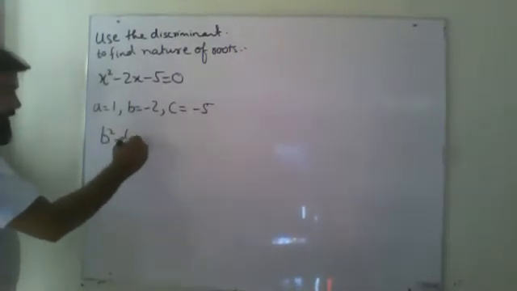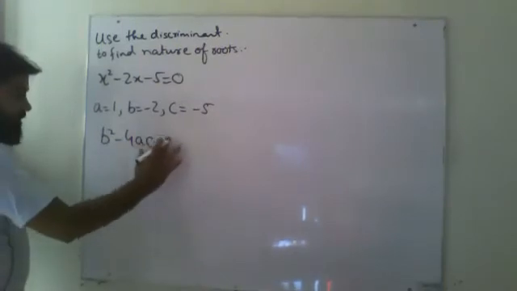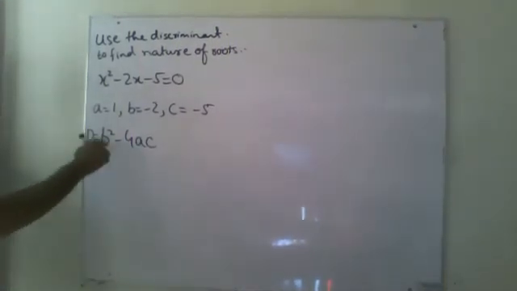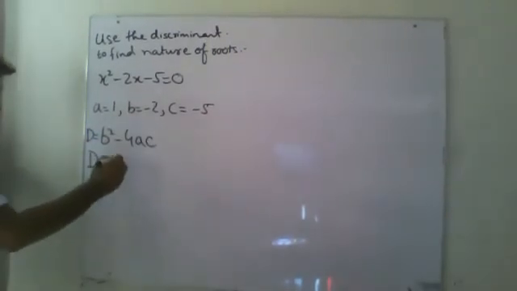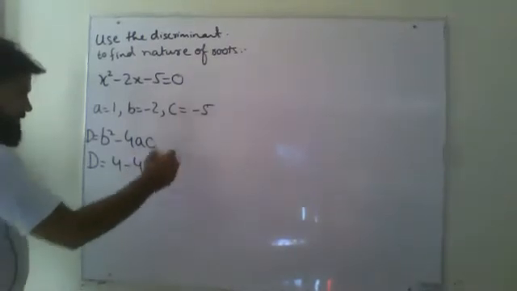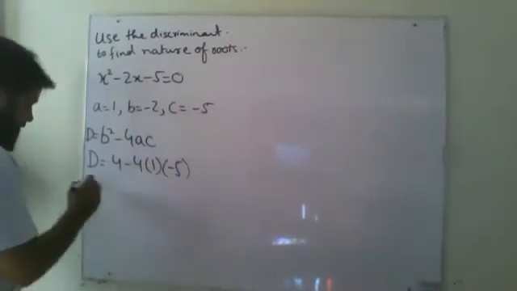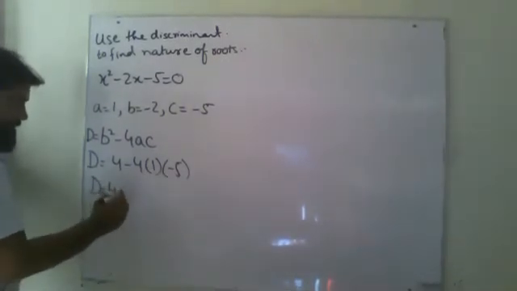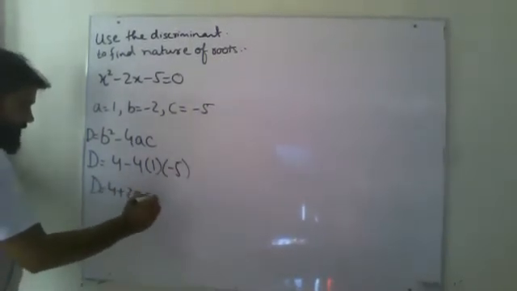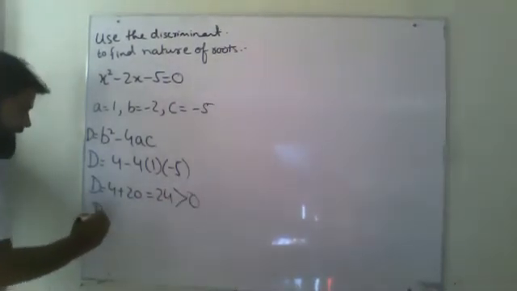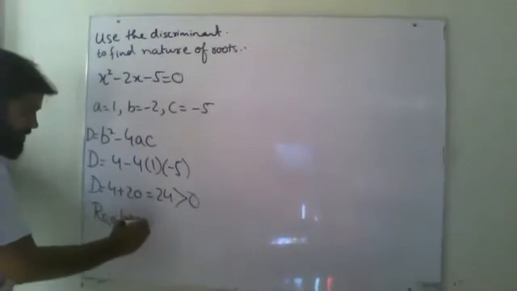So b square minus 4ac, that is my discriminant. Putting my value, b square means minus 2 square, that will become 4 minus 4, a is 1, c is minus 5. Simplifying it, 4 minus minus plus 4 5 20, which means that is 24, which is greater than 0. It means I will have real roots.